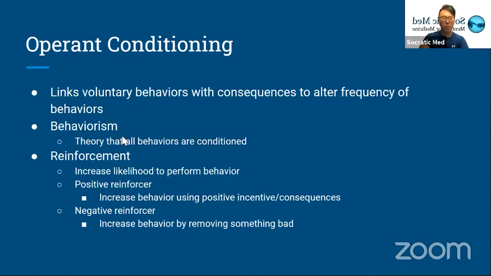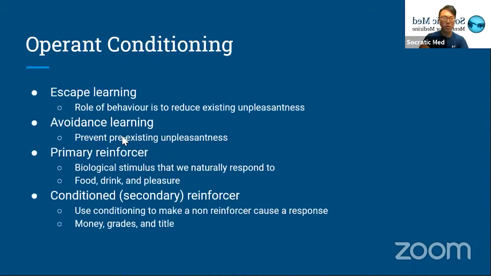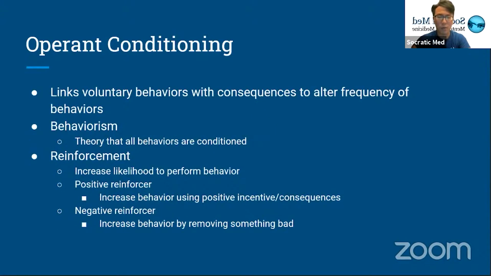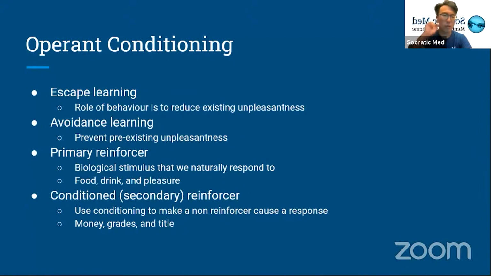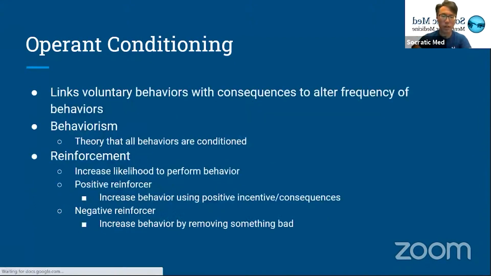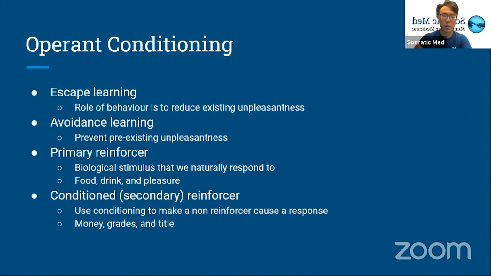Oh, no. So these are just an explanation more about operant conditioning. Escape learning and avoidance learning are related to negative reinforcement, where we're trying to remove something bad in order to increase behavior.